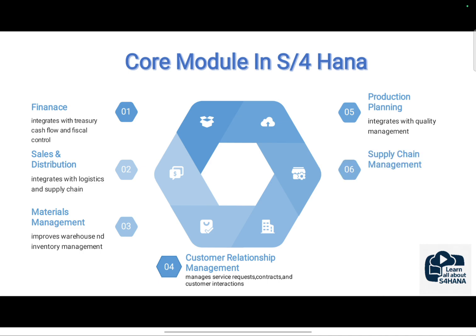Next is supply chain management, where streamlined supplier relationships and procurement are all managed in this module. The supply chain provides end-to-end visibility and control over the entire supply chain process, from planning to execution and logistics.